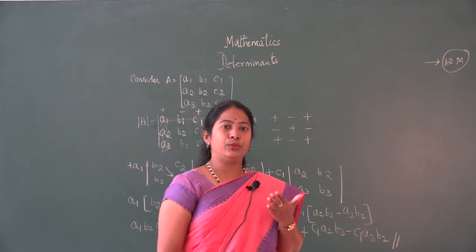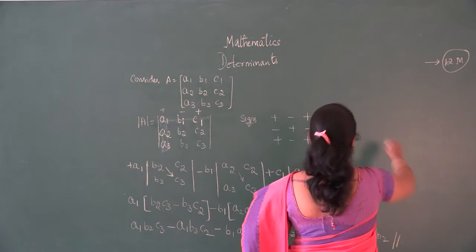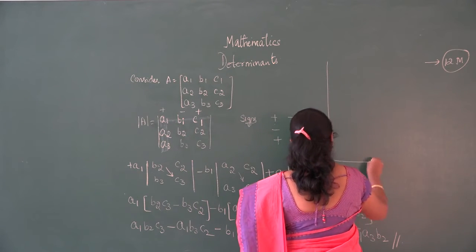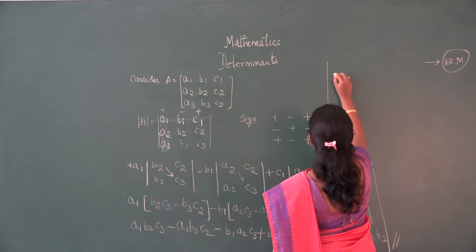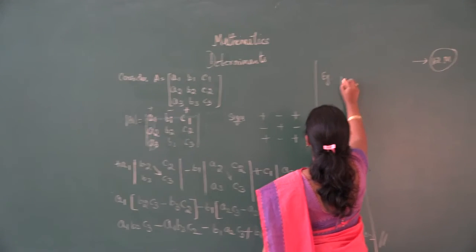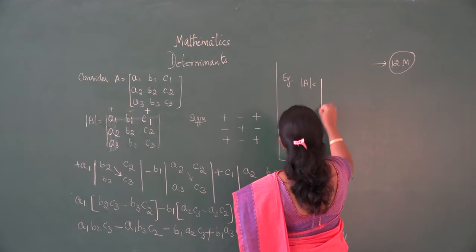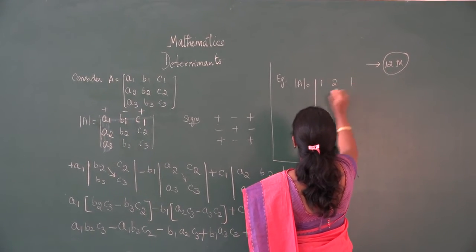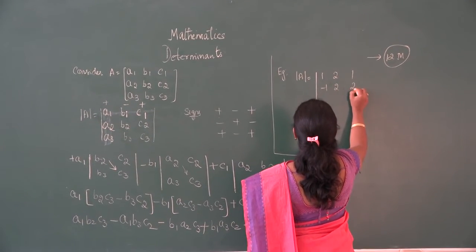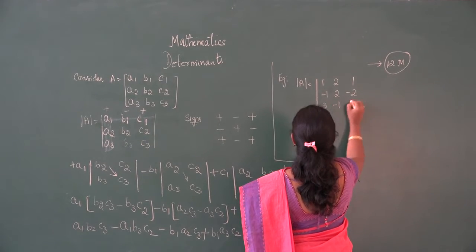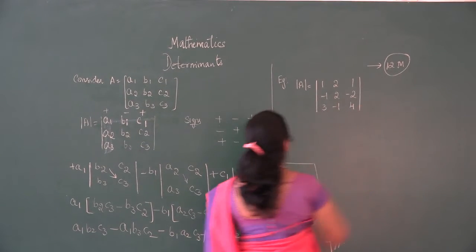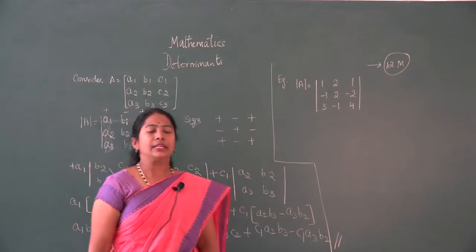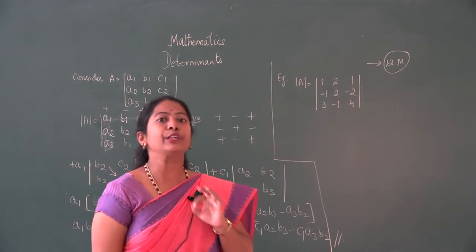I shall explain with one more example. Determinant A contains the elements 1, 2, 1, minus 1, 2, minus 2, 3, minus 1 and 4. As I told you earlier, what are the signs associated with a 3 cross 3 determinant?